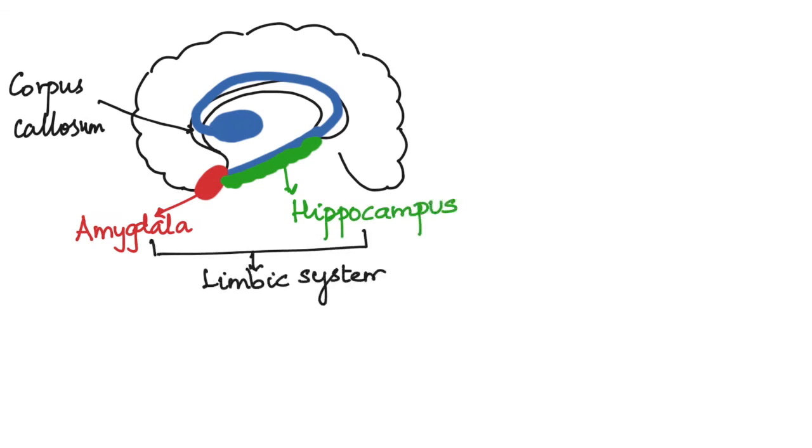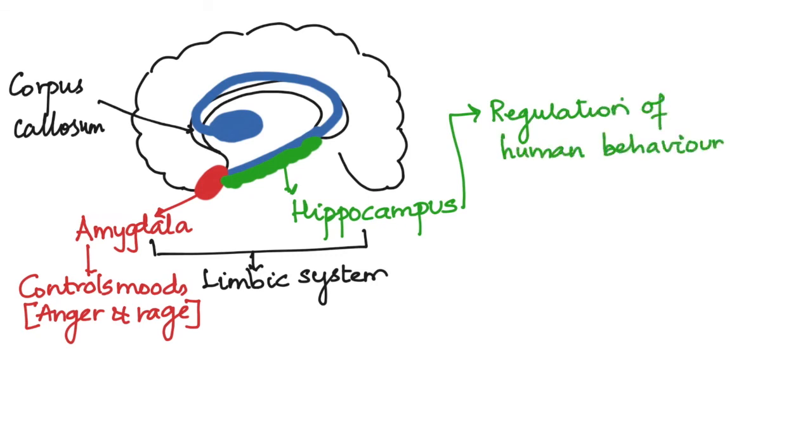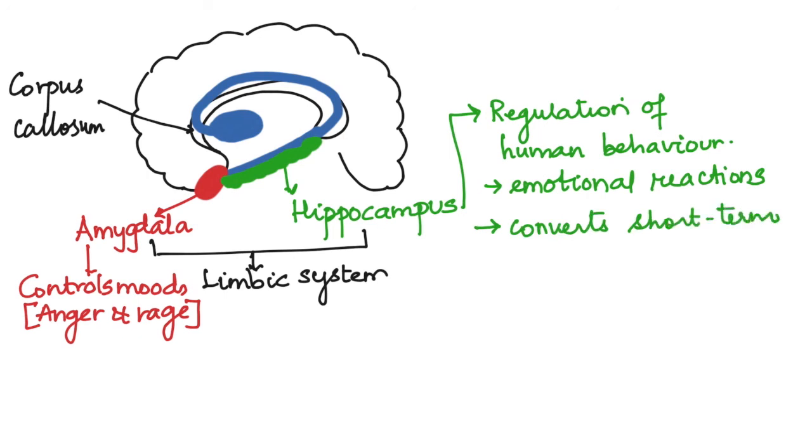If we look at the individual functions, the amygdala is responsible for controlling the moods, that is, in terms of anger and rage, and the hippocampus is responsible for regulation of human behavior. This is in terms of emotional reactions, and it also helps in converting short term memory to long term memories.